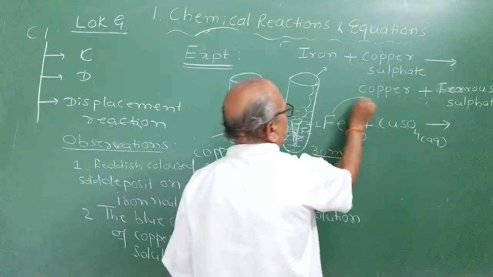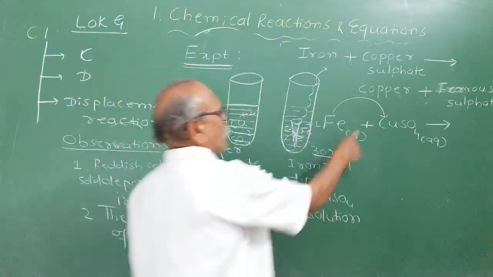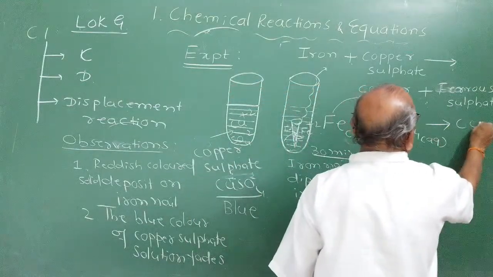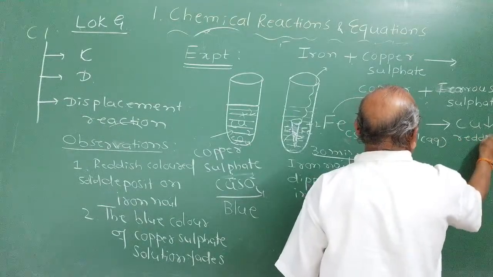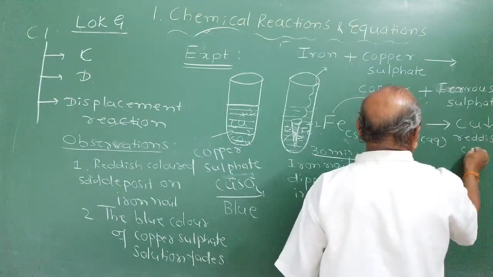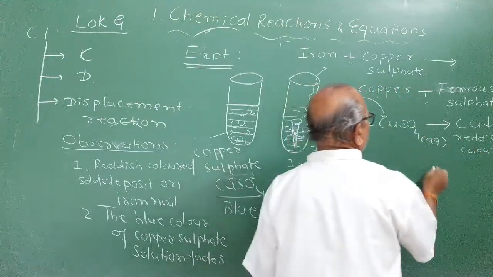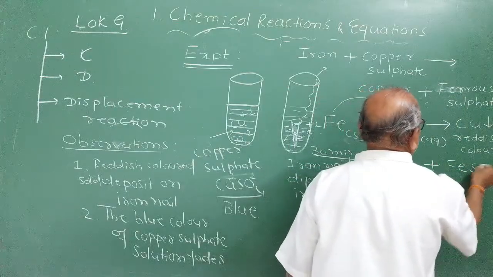This iron will displace the copper and occupy its place, and copper will be displaced and deposited as a reddish color. The reddish color on the iron nail is because of this deposition of copper, plus another product is ferrous sulfate.